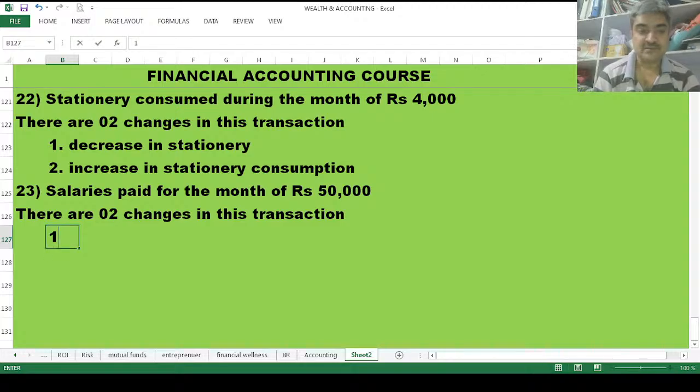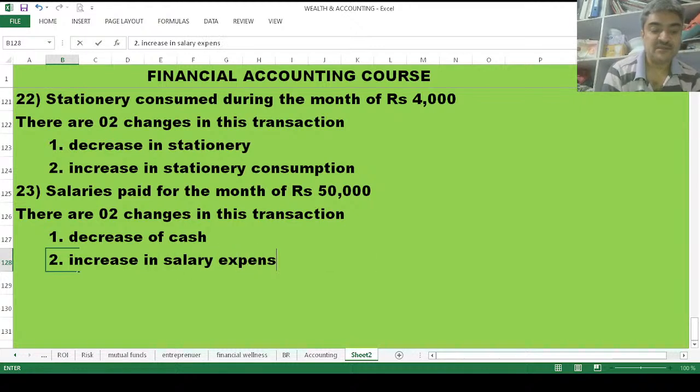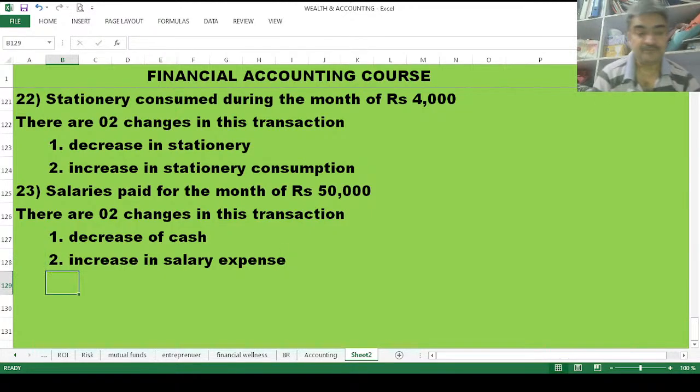Number one is decrease of cash, and cash is an asset, and the second effect is increase in salary expense. So remember that salary is an expense item. Okay.